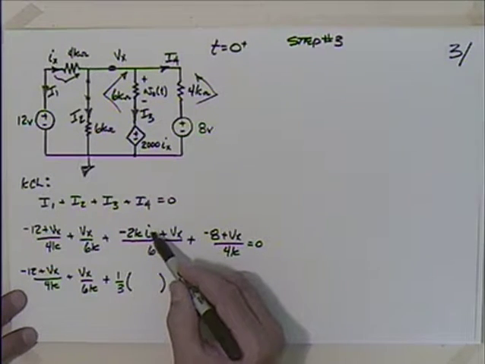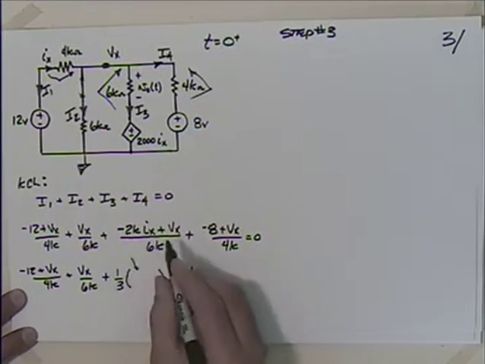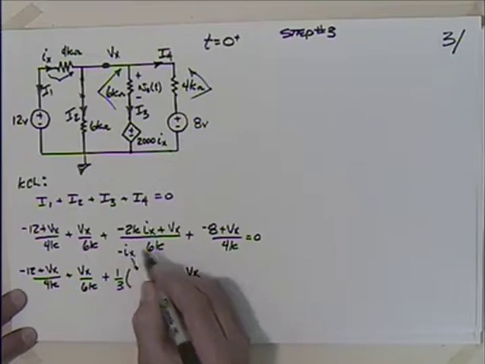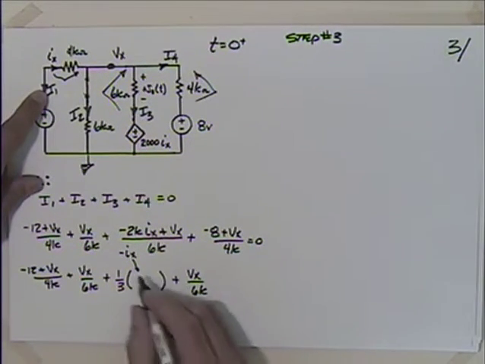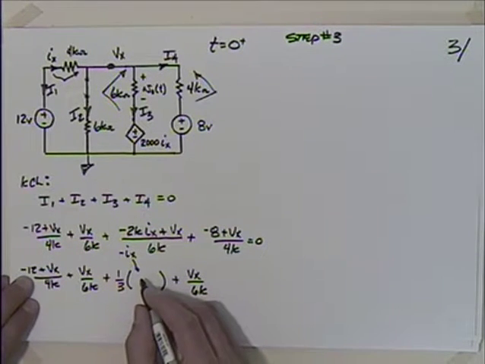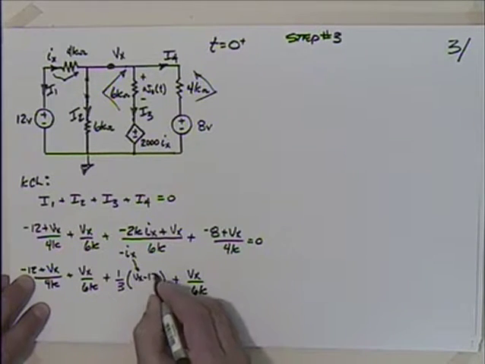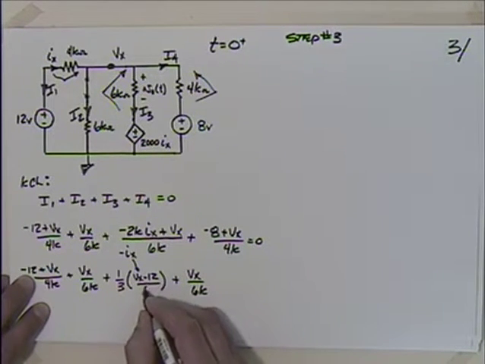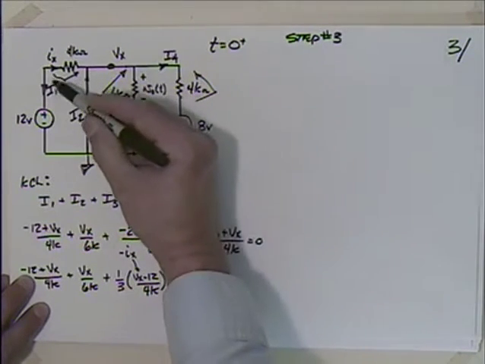So in here now I have a minus Ix, right? Isn't the minus Ix going to go in there, the negative sign? Well, what's minus Ix? Well, minus Ix is really I1, isn't it? So minus Ix is equal to I1, so I could say that this was Vx minus 12 divided by 4K, because minus Ix is I1.